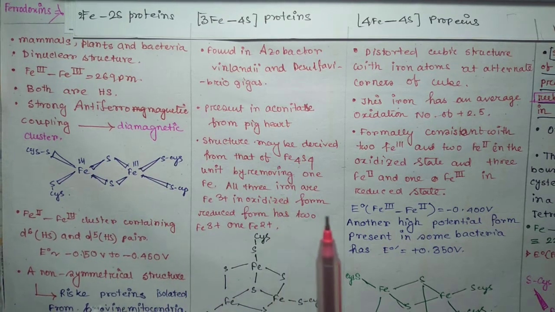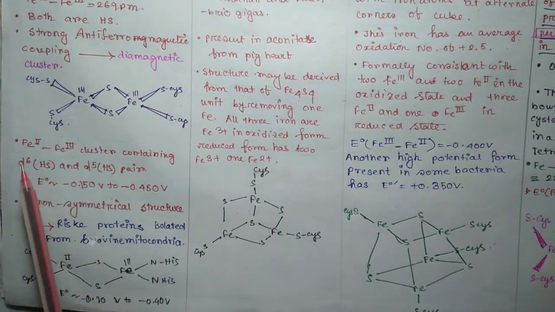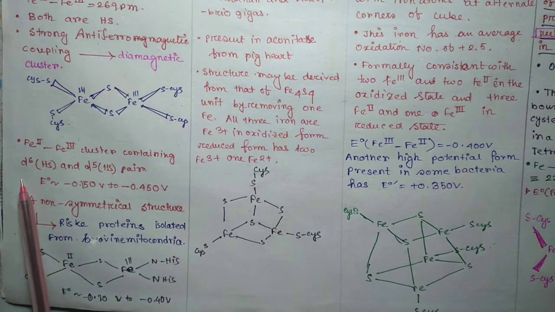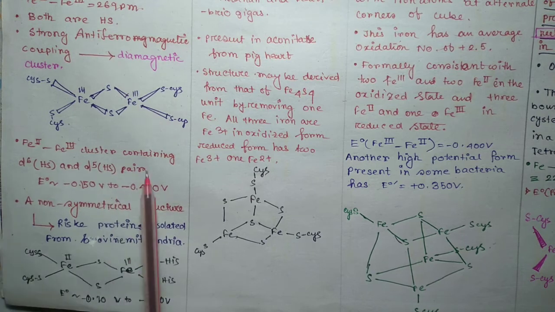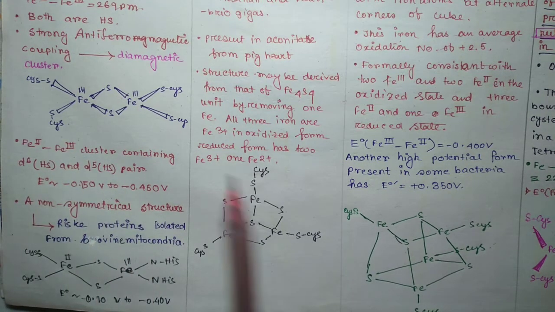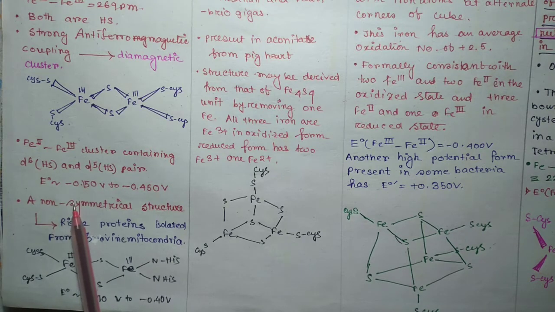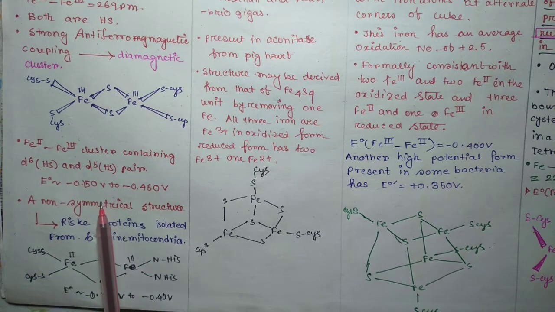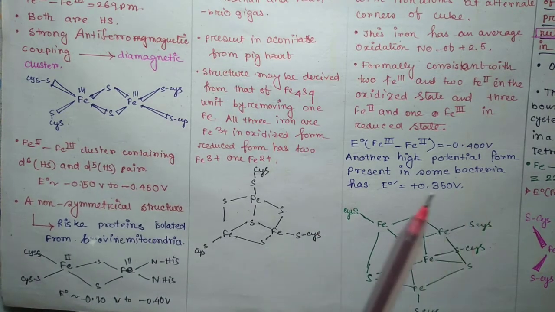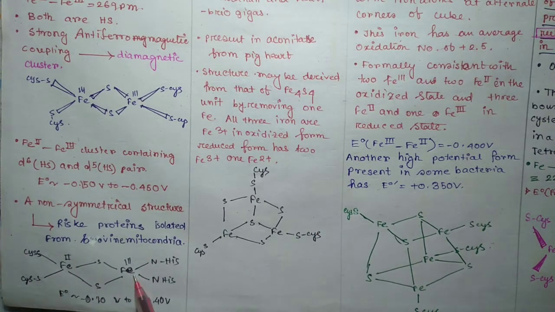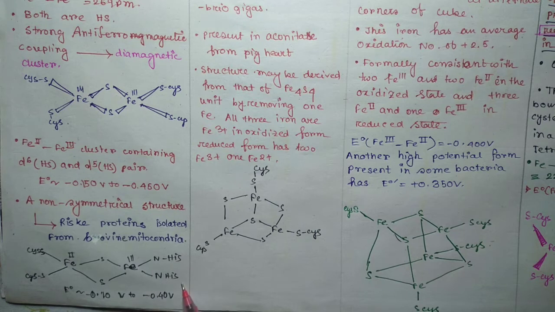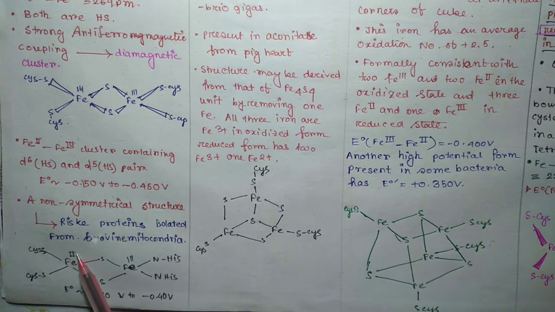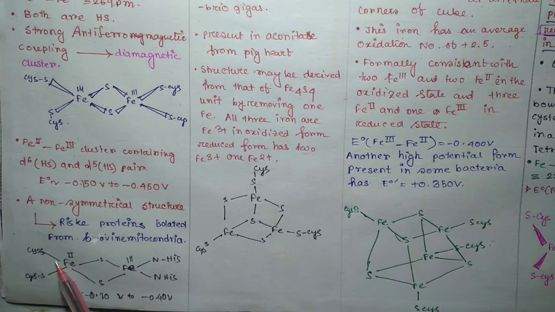In the next structure, the Fe2+ Fe3+ cluster contains a D6 system, that is a high spin complex, and a D5 system, that is a high spin complex, the D6 and D5 pair. The reduction potential is about minus 0.15 volt to minus 0.45 volt. Look at the structure: the Fe3+ ion is attached with 2 N-histidine groups, and the Fe2+ is attached with the sulfur groups.